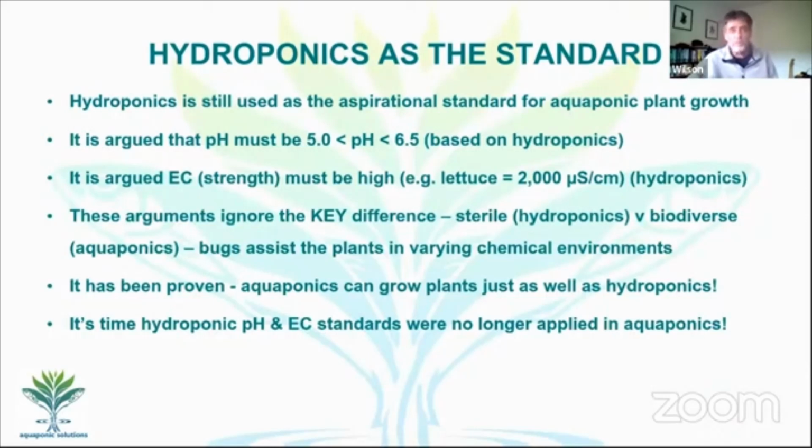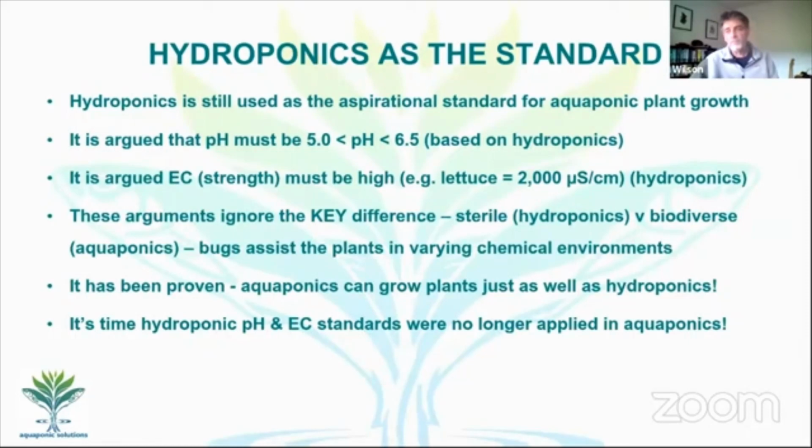These bugs help the plant. They turn the nutrients into something the plant can uptake easily that looks different to a mineral nutrient. It might be a potassium ion for potassium in a hydroponic tomato culture facility, but it might be some other form of potassium in an aquaponic system, and the plant still gets access to it.